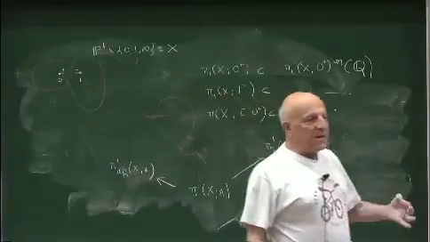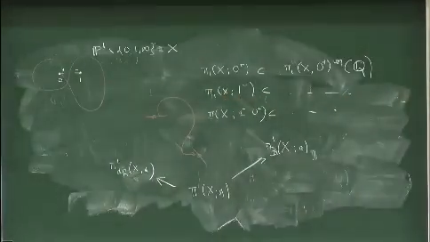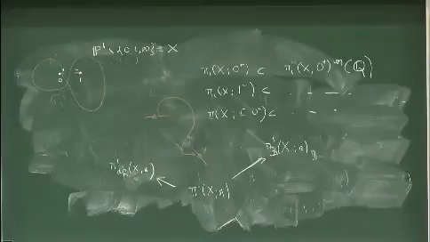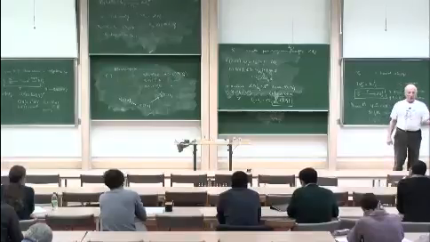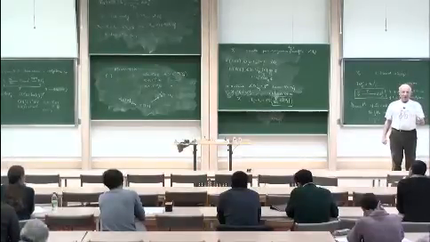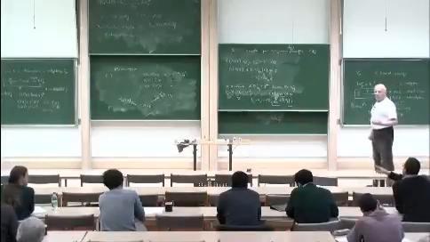You solve an explicit differential equation, and the solution of this differential equation can be formulated by some series of iterated integrals. And to define the map on the left, you need a connection.